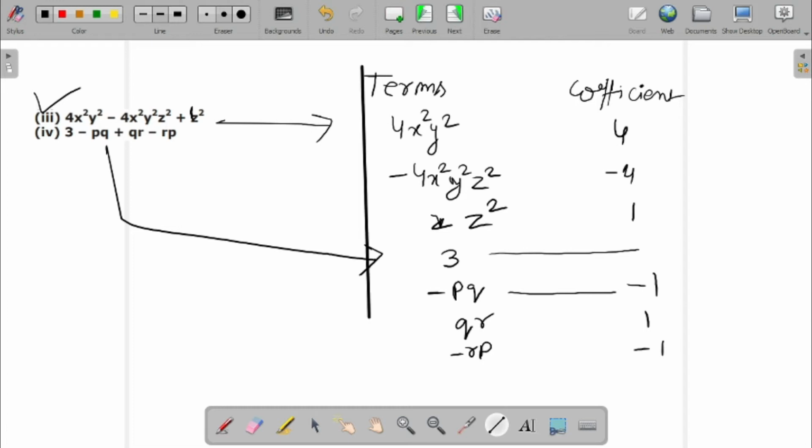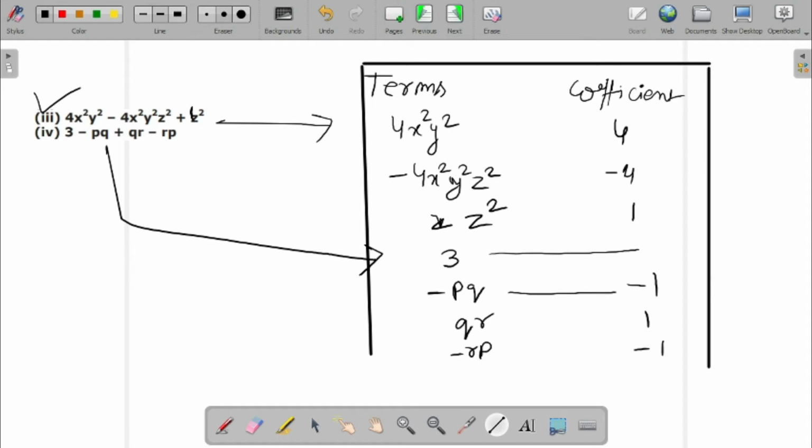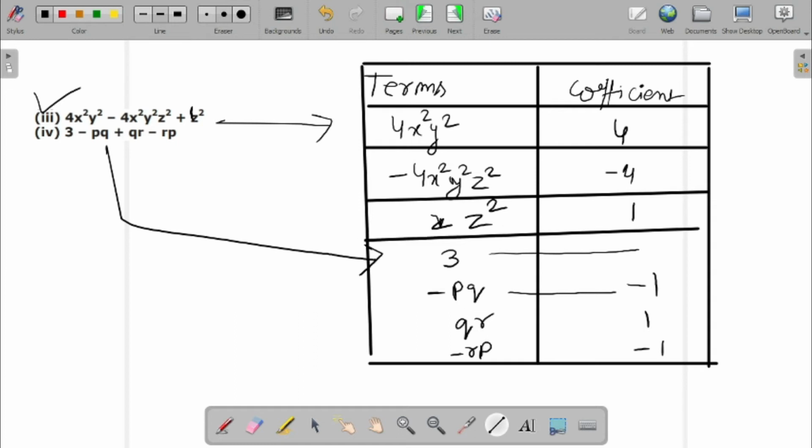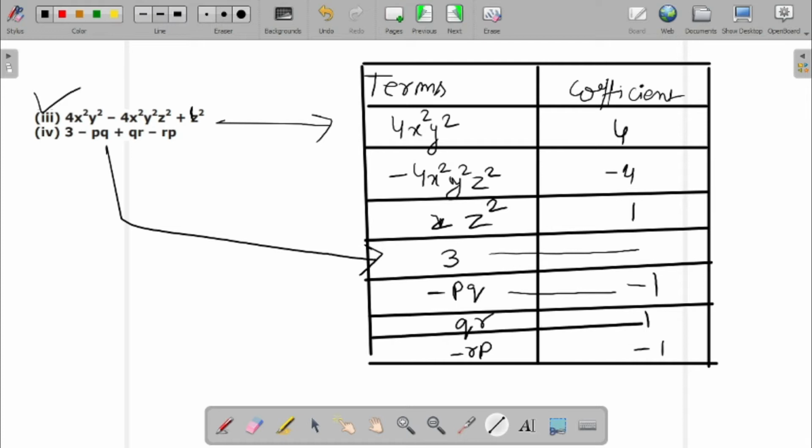Again you can put them in a box. So this is about terms and coefficients.